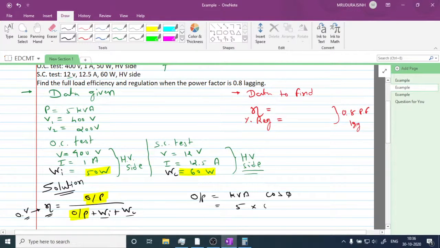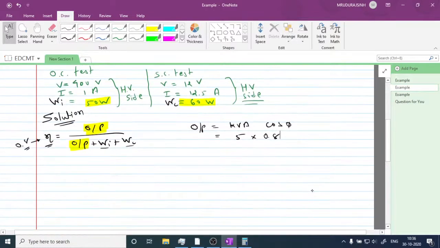So definitely we are going to use this 0.8 power factor to calculate the output. And it's 5 into 0.8, it's going to give us 4 kVA, or sorry, 4 kilowatt. It's 4000 watt, or you can write 4 kilowatt of output. So now the output is known to us, so we can calculate the efficiency.